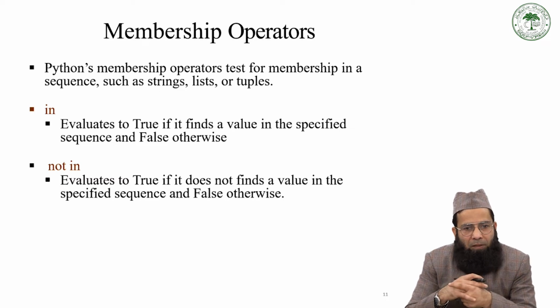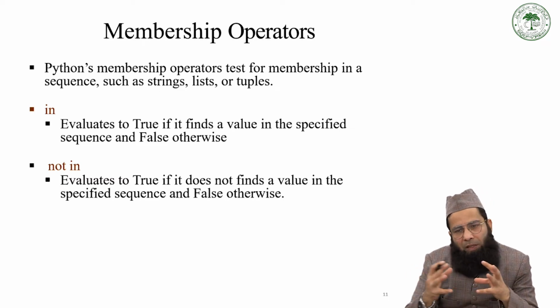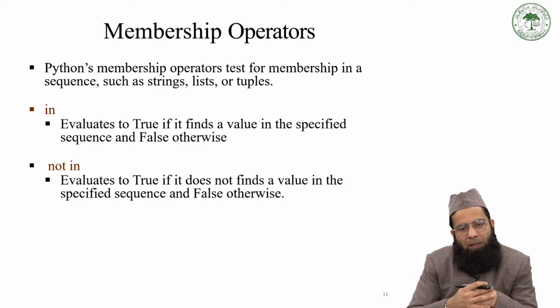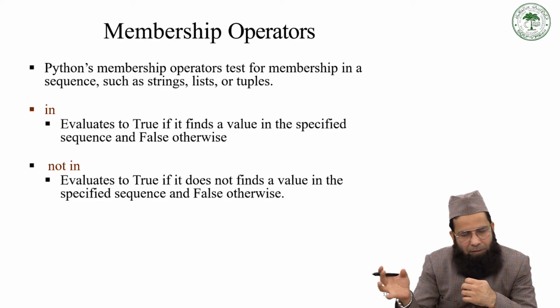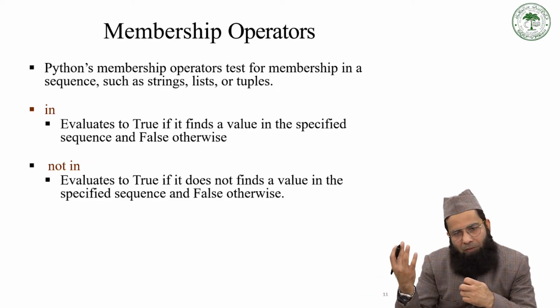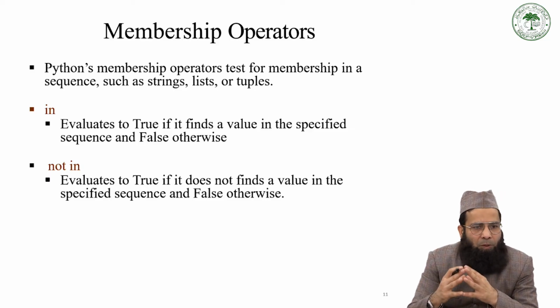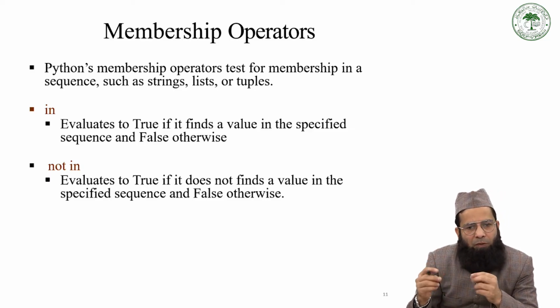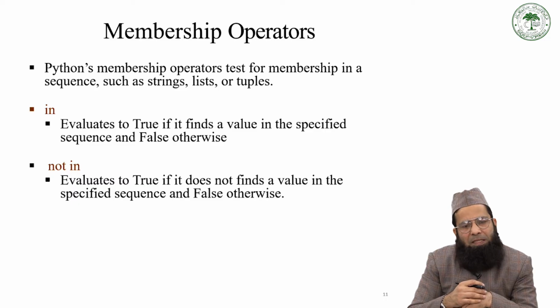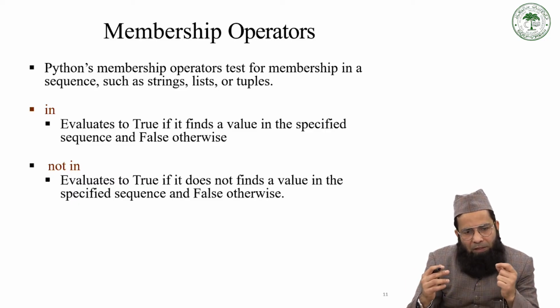Now there is the membership operator, which is very important when you are considering any loop and you want to visit each and every element of a particular sequence, such as a list, tuple or set. So you can use the in operator. The Python membership operator tests for membership in a sequence such as a string, list or tuple. In evaluates to true if it finds a value in the specified sequence and false otherwise.